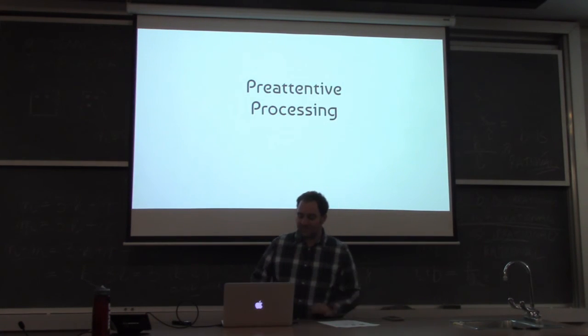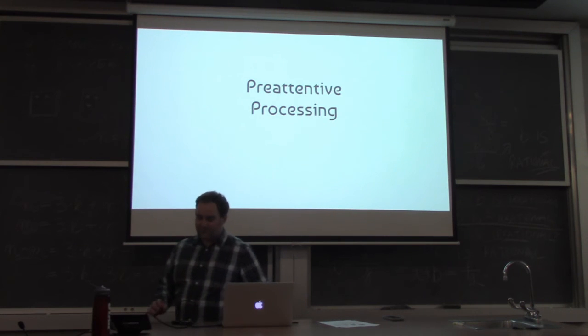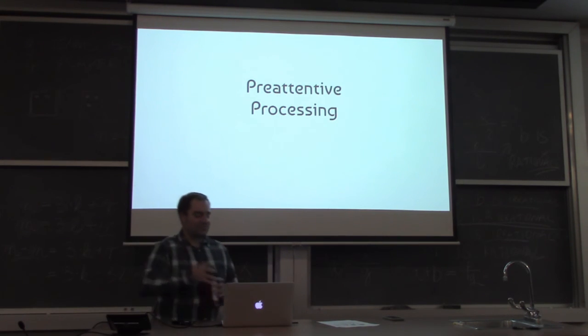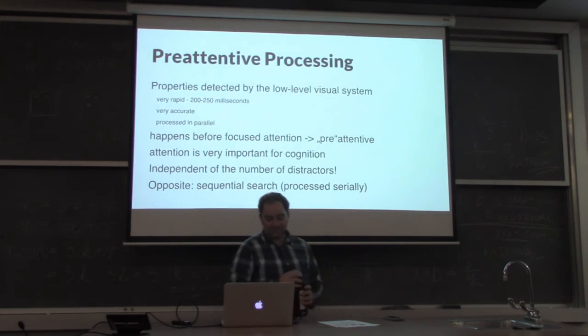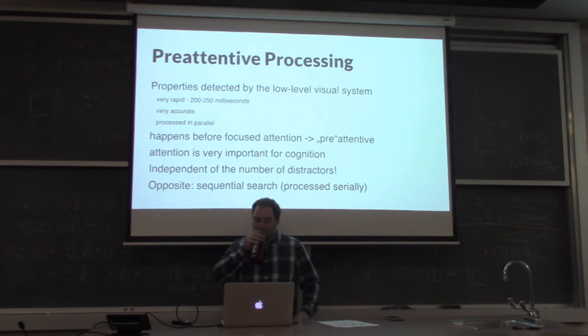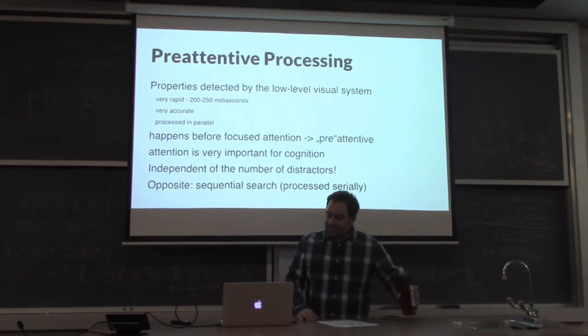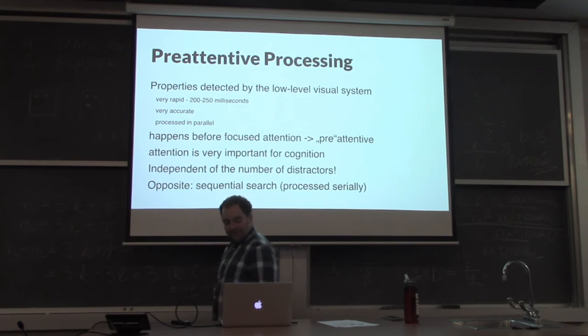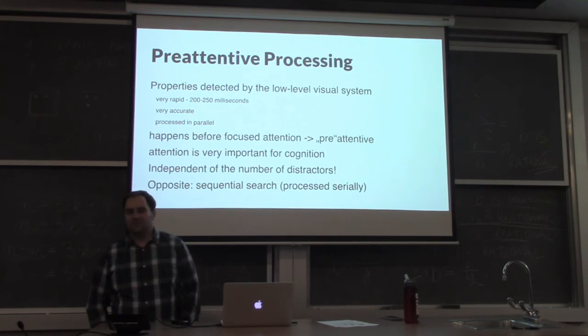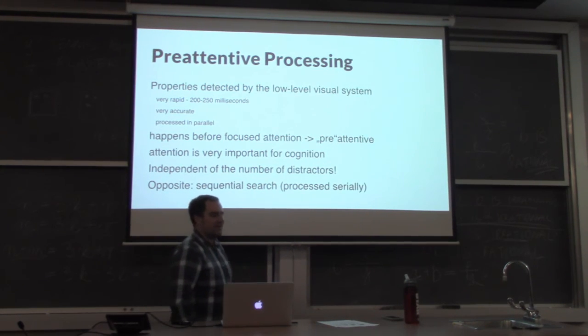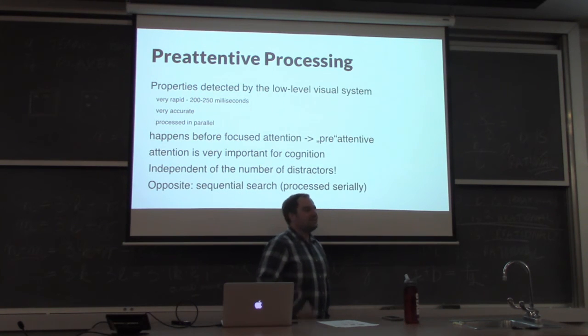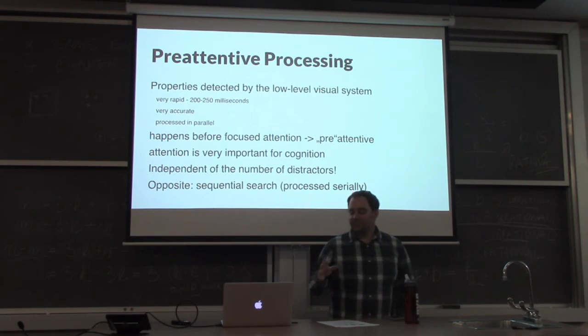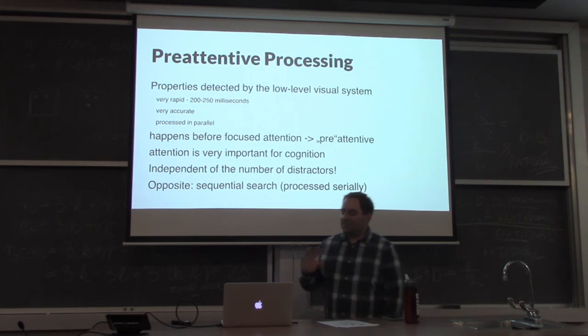Okay, so in the last 10 minutes I want to talk pretty briefly about pre-attentive processing, because it's an important property. Pre-attentive processing is about properties detected by the low-level vision system, things that stand out very quickly and in parallel. This whole idea of pre-attentive is a simplification.